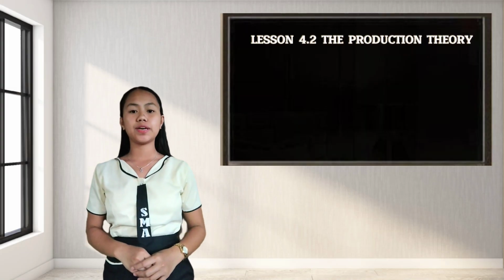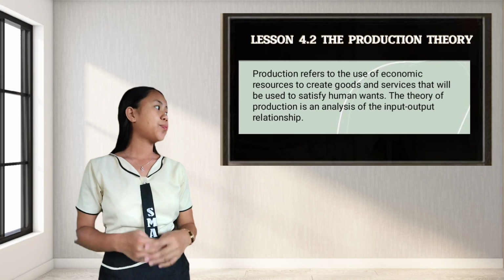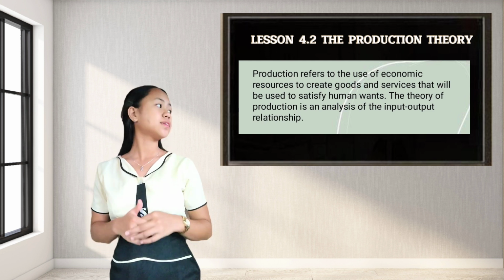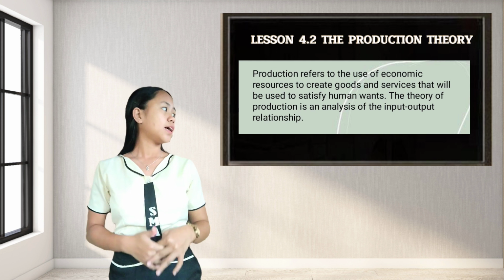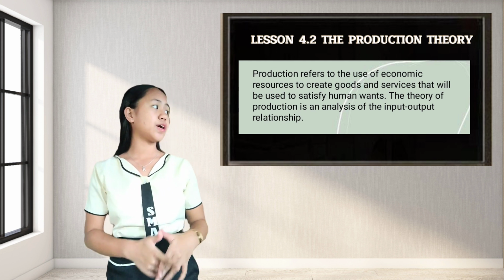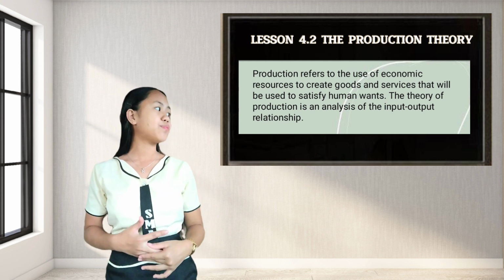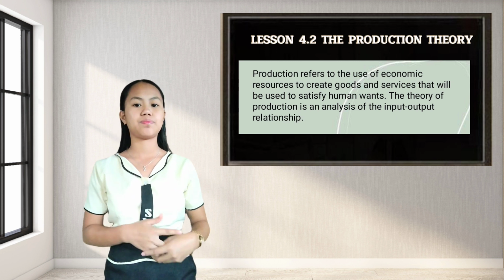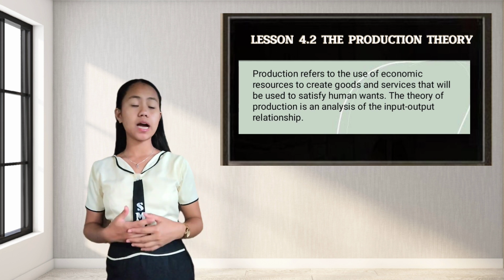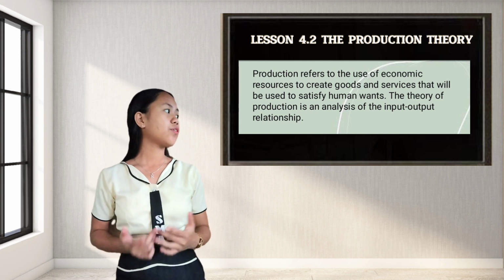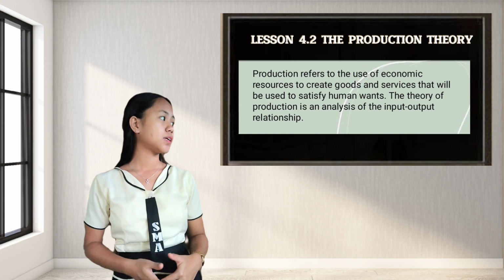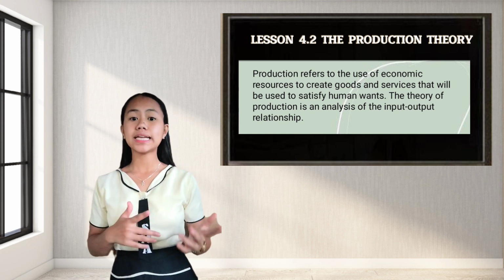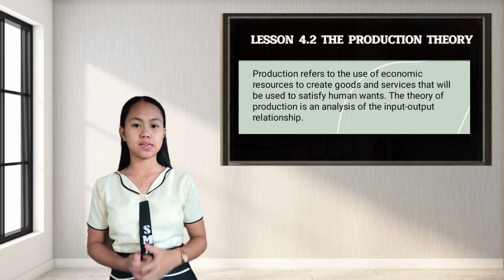Lesson 4.2 is the production theory. So production refers to the use of economic resources to create goods and services that will be used to satisfy human wants. The theory of production is an analysis of the input-output relationship. So when we say production, it is to create goods and services through the use of economic resources that will help to satisfy human wants directly.